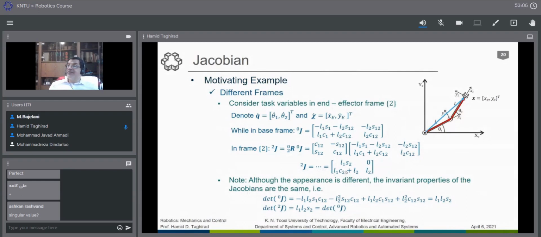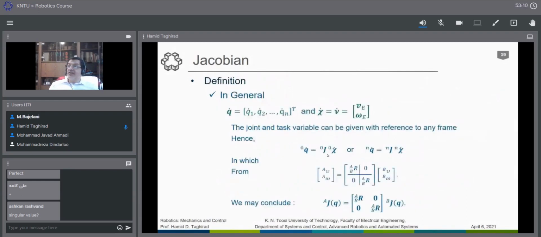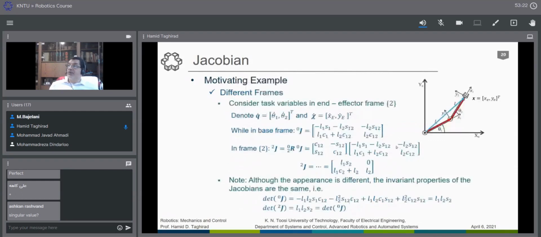It was very easy to say that instead of having these two vectors x dot and q dot in frame 0, by the beginning definition, we find them in frame n, for example frame 2.